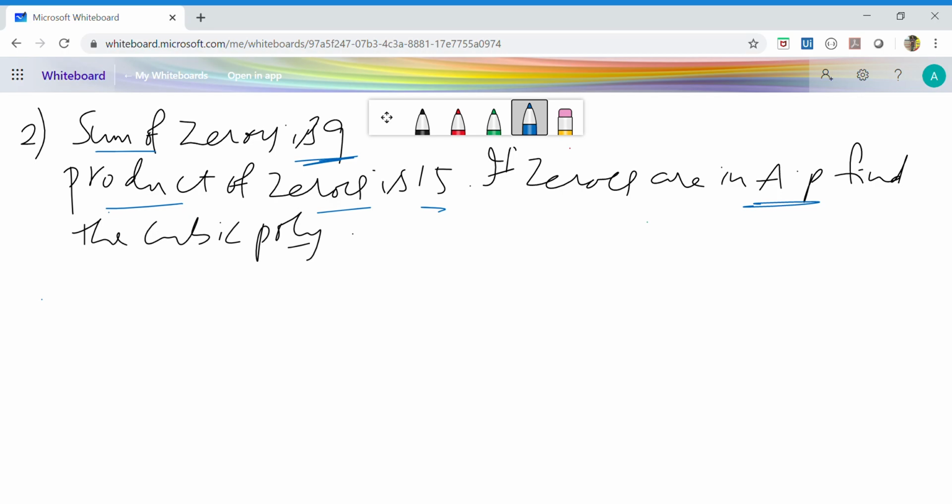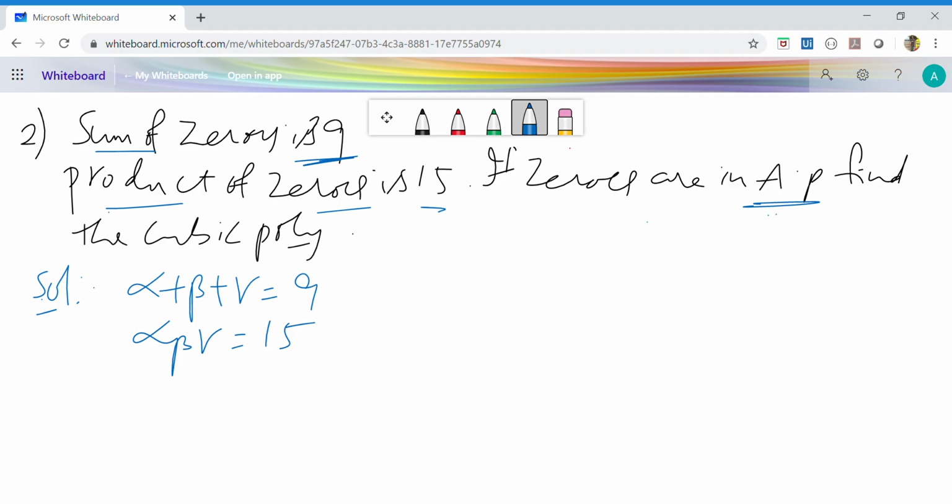So here, it is a cubic polynomial. The sum of the zeros becomes what? Alpha plus beta plus gamma is equal to 9. The product of the zeros is what? Alpha beta gamma is equal to 15. But first of all, if you want to write the cubic polynomial, keep this AP aside.